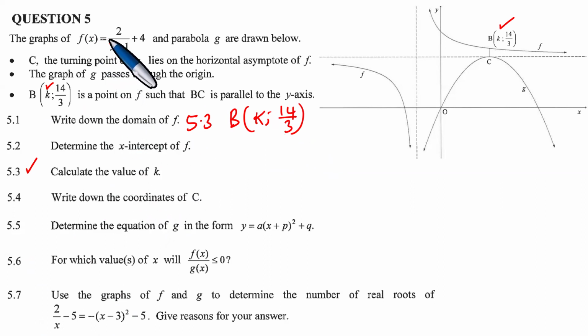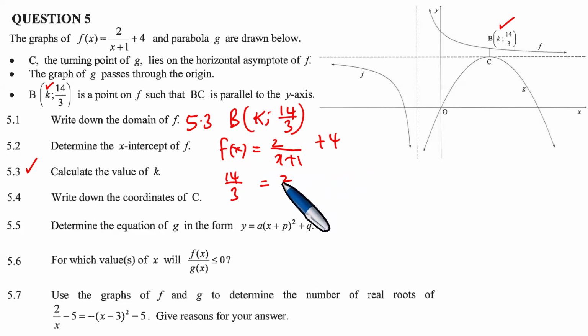And the function f has the equation f of x, which equals 2 over x plus 1, plus 4, giving us x and y, so that y is 14 over 3, which equals 2 over k plus 1, plus 4, like so.